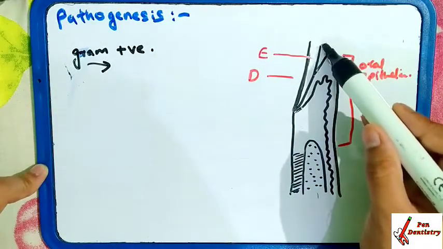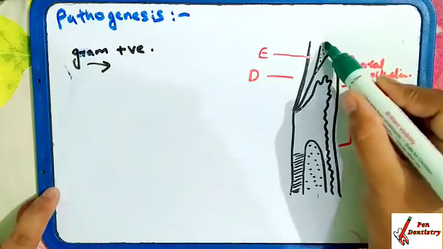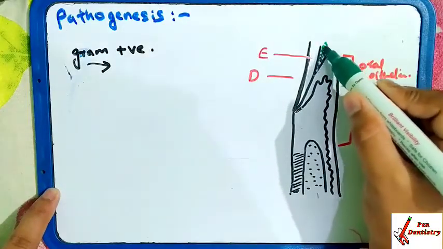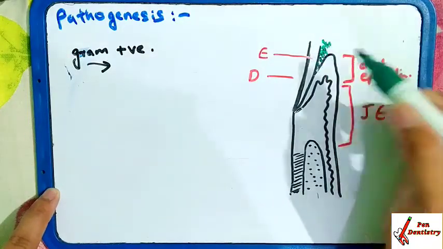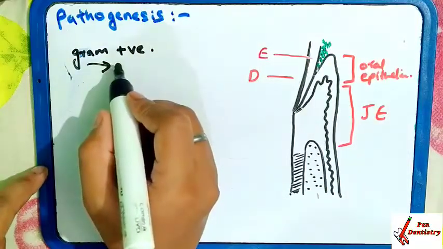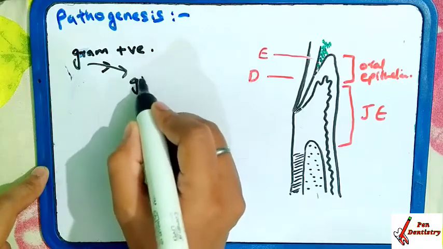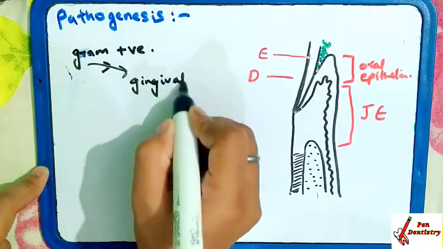This is the supragingival tooth region. Here the gram positive bacteria layer themselves on this region, the supragingival tooth surface, and the extension takes place into the gingival sulcus.